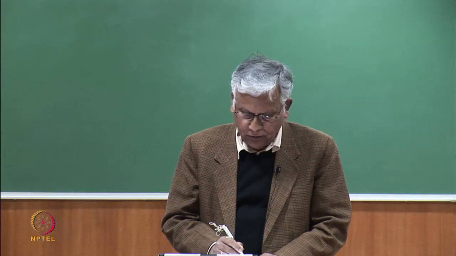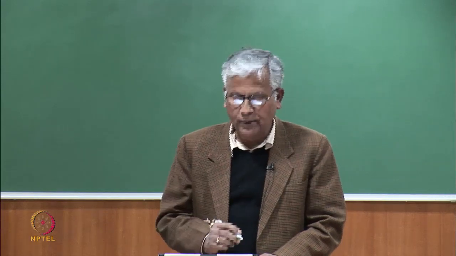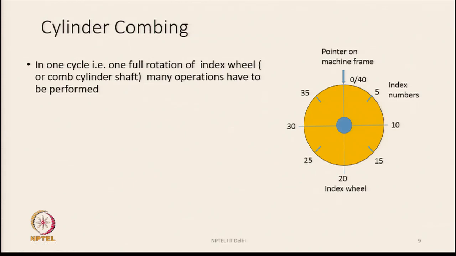Now we move on to cylinder combing time. In one cycle or one full rotation of the index wheel, that basically means one full revolution of the cylinder comb shaft, many operations have to be performed, as we already know.